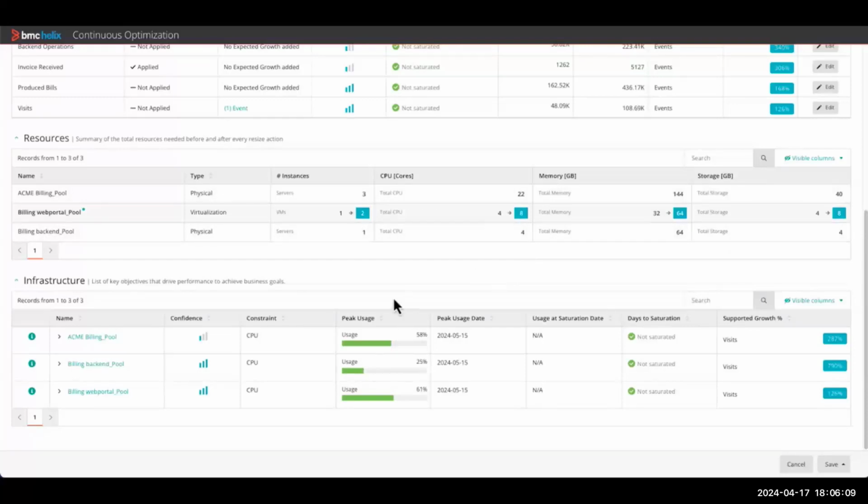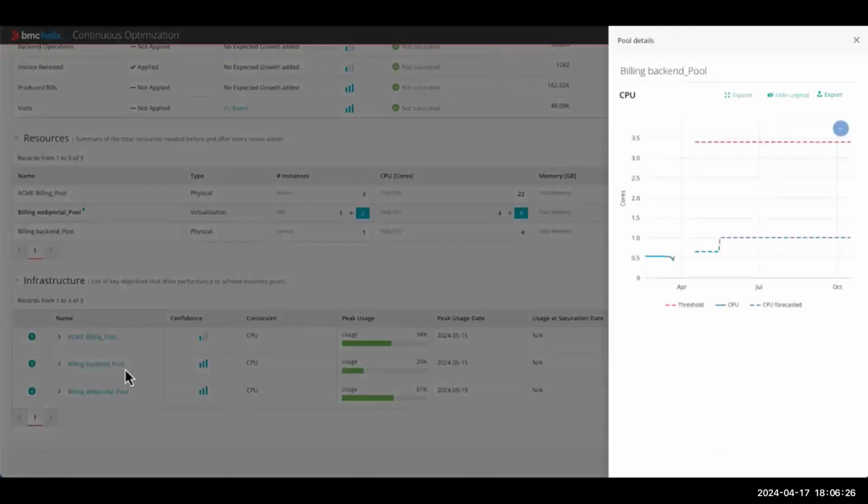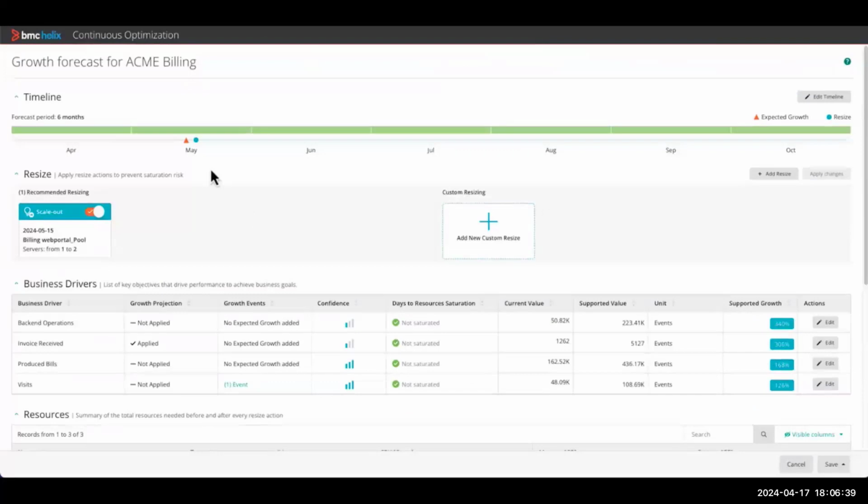And I can also see, from an infrastructure perspective, where we are on peak usage, what the peak usage data is, and exactly what that's going to look like. And I can also go into the pool detail and see a graph that shows me my limit, my threshold up here, and what is actually going to happen once I apply this fix.